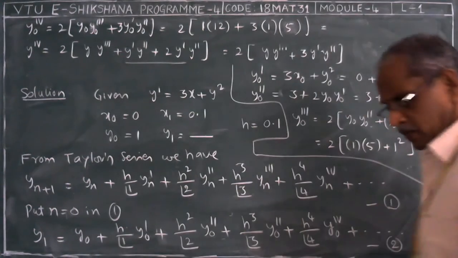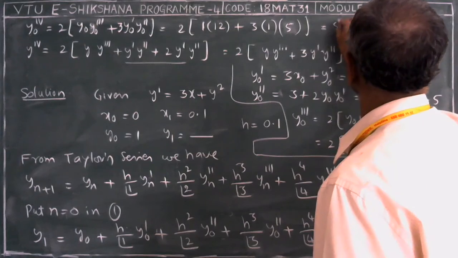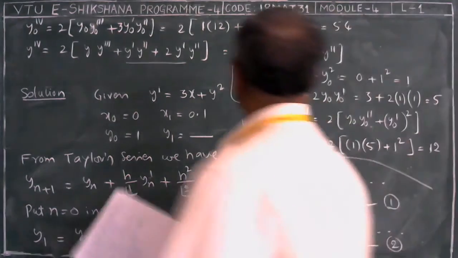So if you carefully do this, you get 54.